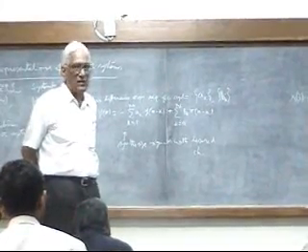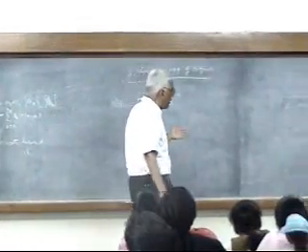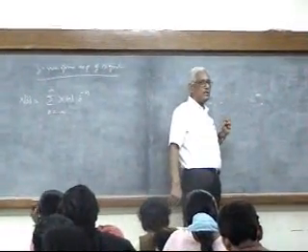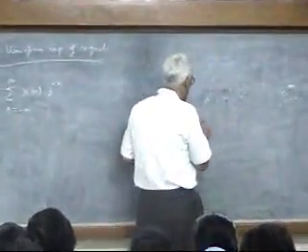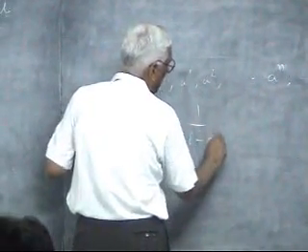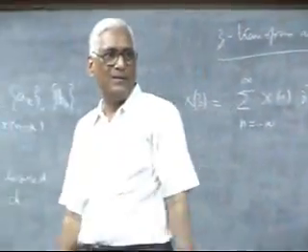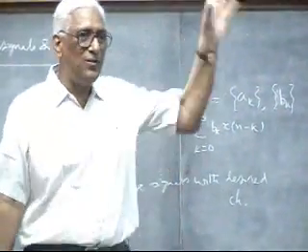This is my x(n) values. And if I have this, do I keep track of all these infinite numbers? No, not necessary. If only you find X(z) here, you notice that it is simply 1 by... That's all. So simple. So this has all the infinite values that you want.